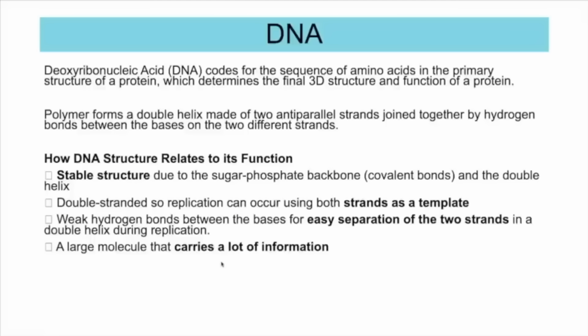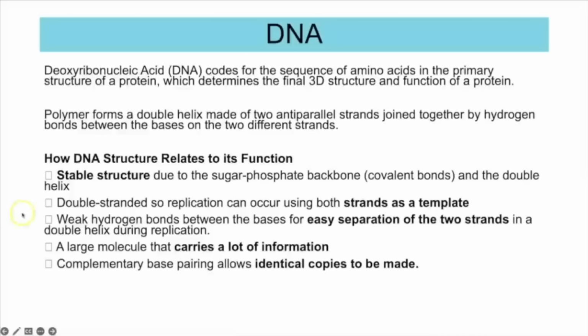It's also a large molecule, and that means it can carry a lot of information. Finally, the complementary base pairing between adenine and thymine and guanine and cytosine means that identical copies can be created when DNA is replicated.